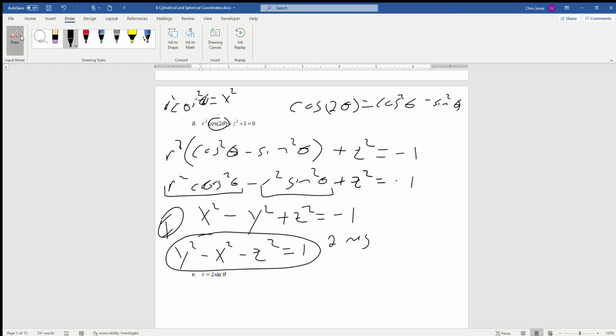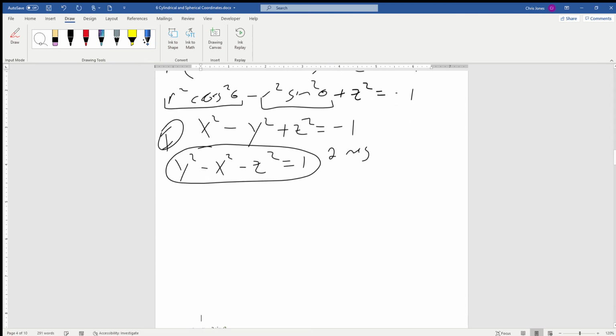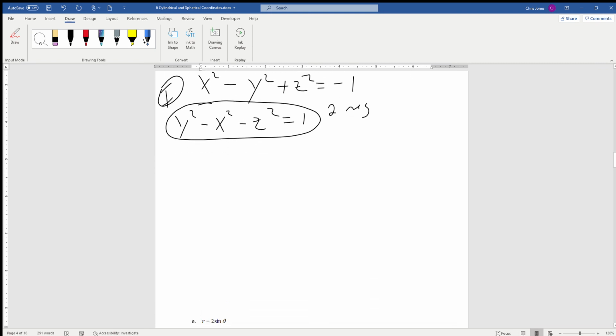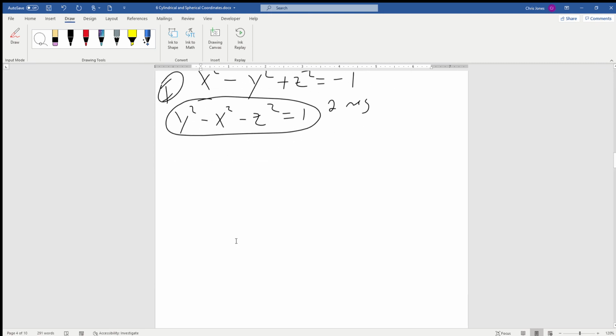So I'm going to give myself a little more room here to work. So this is going to be a hyperboloid of 2 sheets.